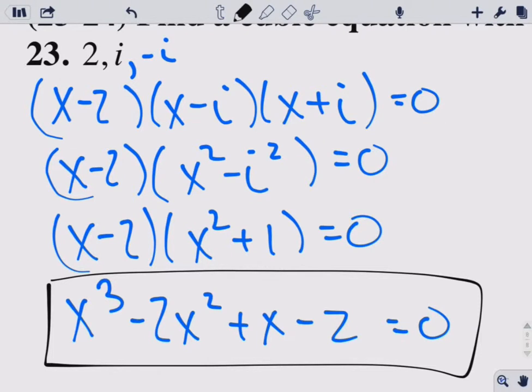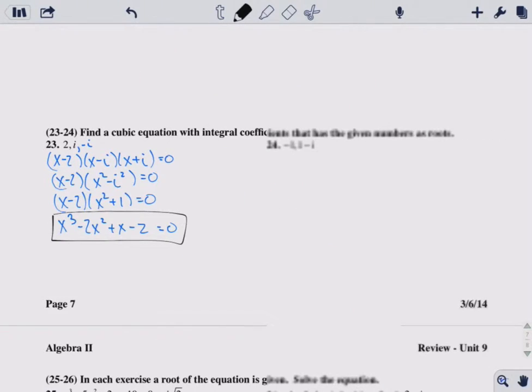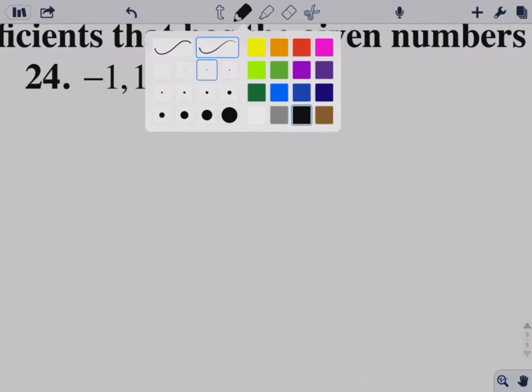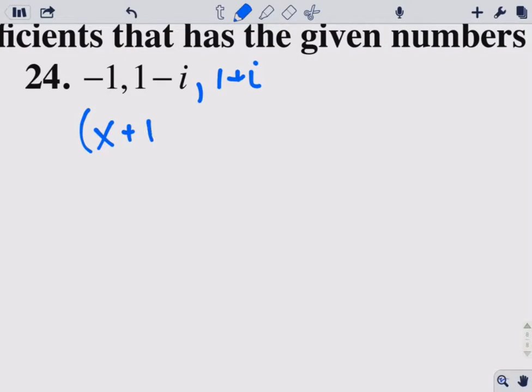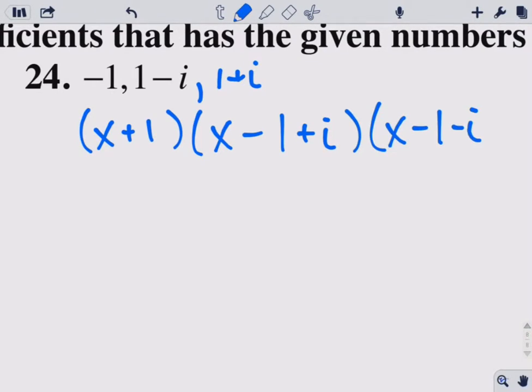Okay. 24, same concept. Complex conjugate root theorem says if 1 minus i is a root, 1 plus i is a root. So I have x plus 1, x minus 1 plus i, and x minus 1 minus i. Okay, again, those are conjugates.